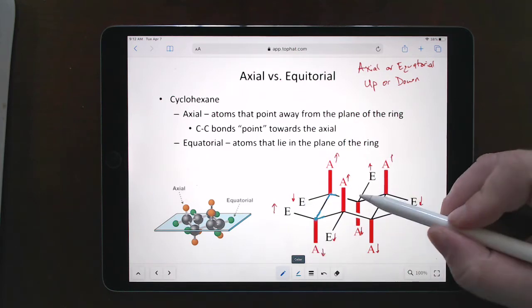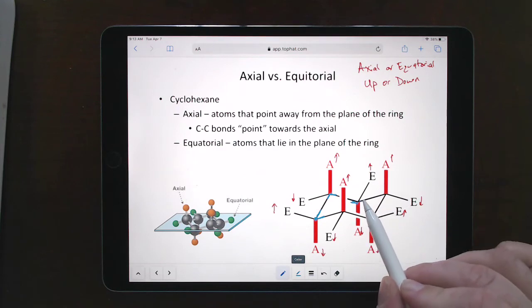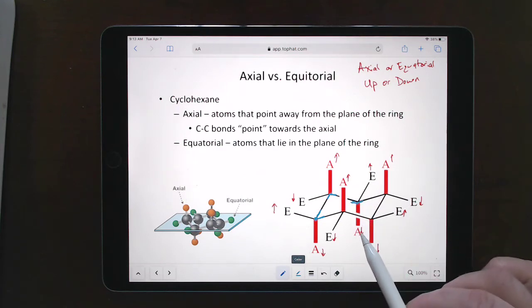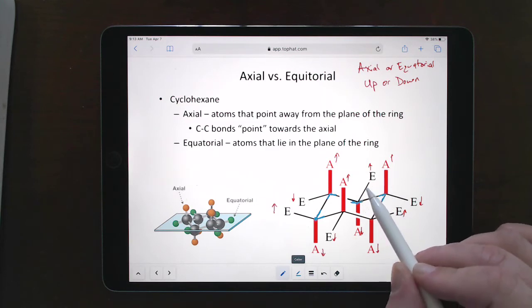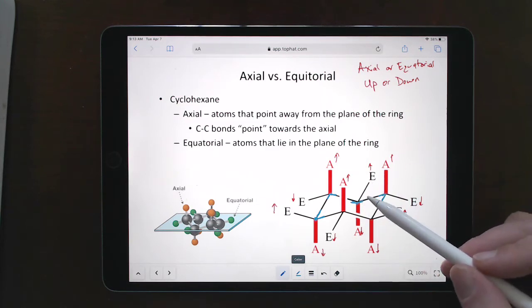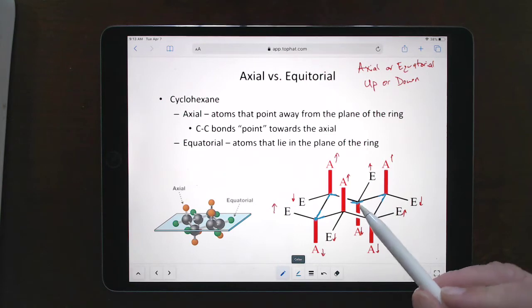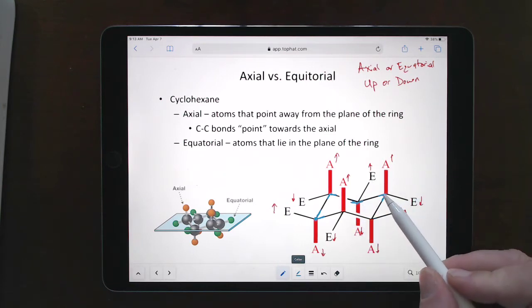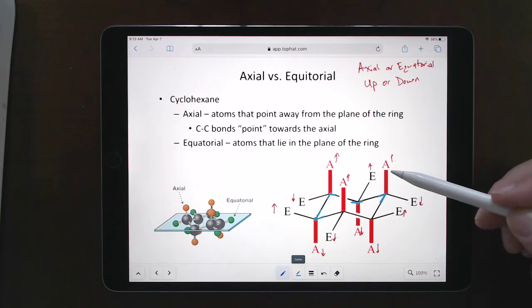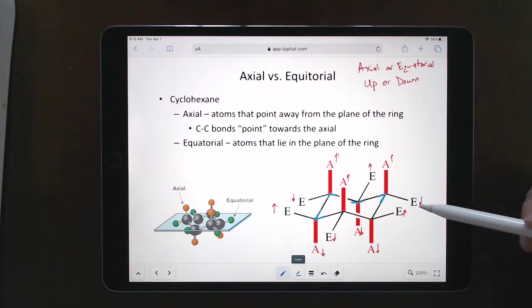Same thing here. The carbon-carbon bonds are pointed down, so the axial is down, and equatorial is in opposition. Now, this is off to the side, but it gets a little congested in here. So for this carbon and this carbon, you just kind of do your best. But for here, the carbon-carbon bonds are basically pointing up, so the axial is up, equatorial is down.